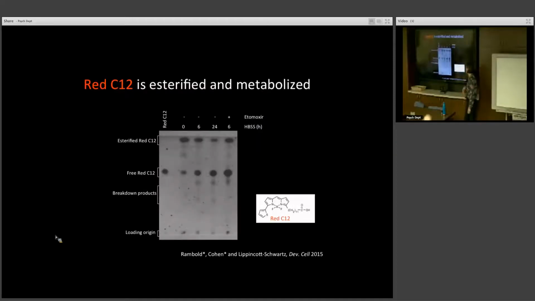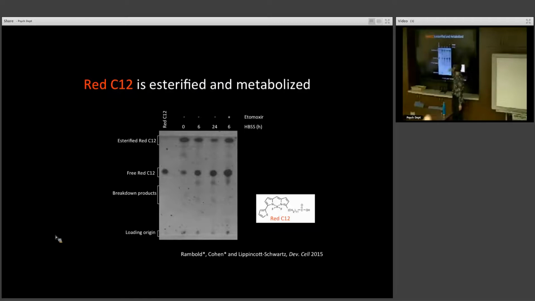To validate this tool, we did some thin layer chromatography, where lipids are spotted at the bottom of the plate, and then organic solvent runs up the plate, separating the lipids. So here's where the free red C12 runs on its own. We can see that when we incubate it with cells, it's esterified, incorporated into neutral lipids.